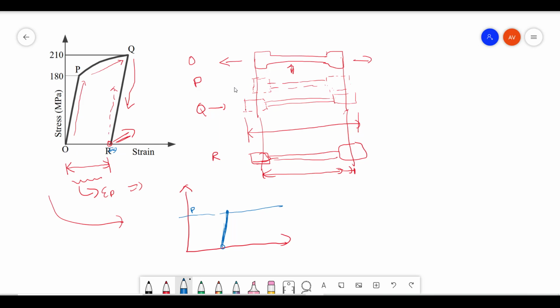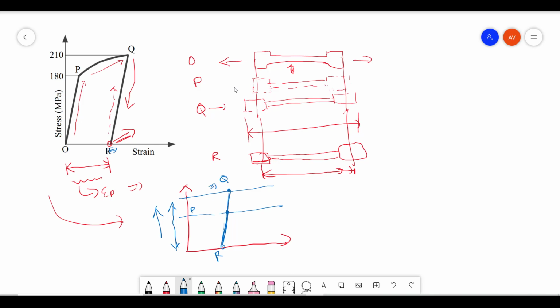It will reach that point. Now when will it start yielding again? Will it start at this point, or will it start at this point? That is the main idea here. Since it is already elongated, during this particular phase there won't be much yielding. When you go from this point, basically R to Q, there won't be much change.